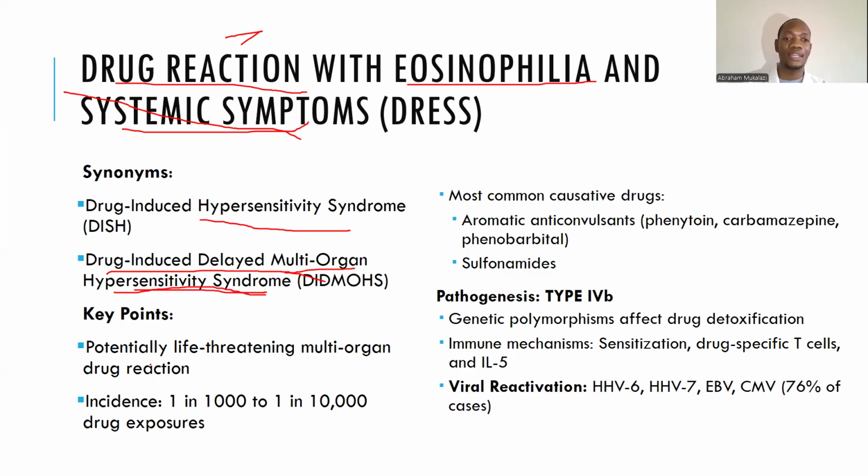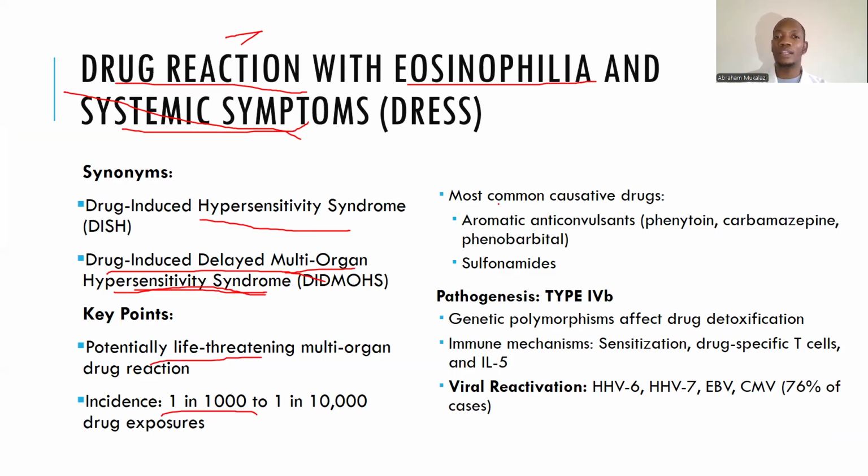So the key point in this is that you have potential life-threatening organ involvement, and it should be very key. And it is not very common, so its prevalence or incidence lies between 1 in 1,000 to 1 in 10,000, depending on the setting and the data that was reviewed.